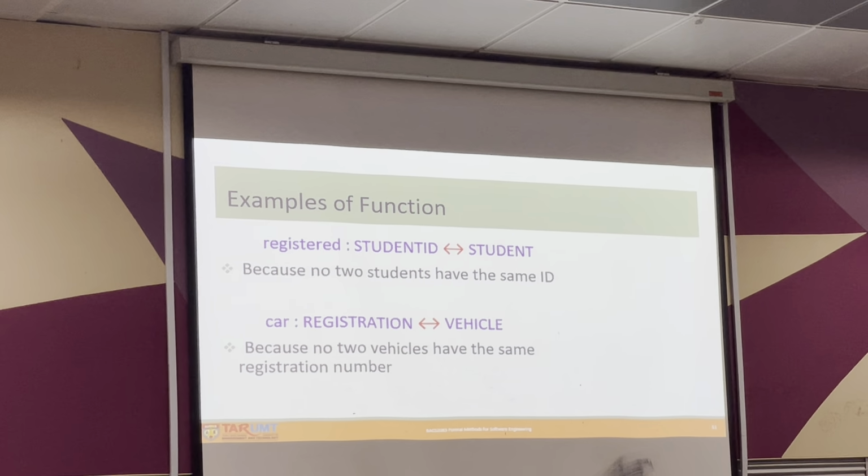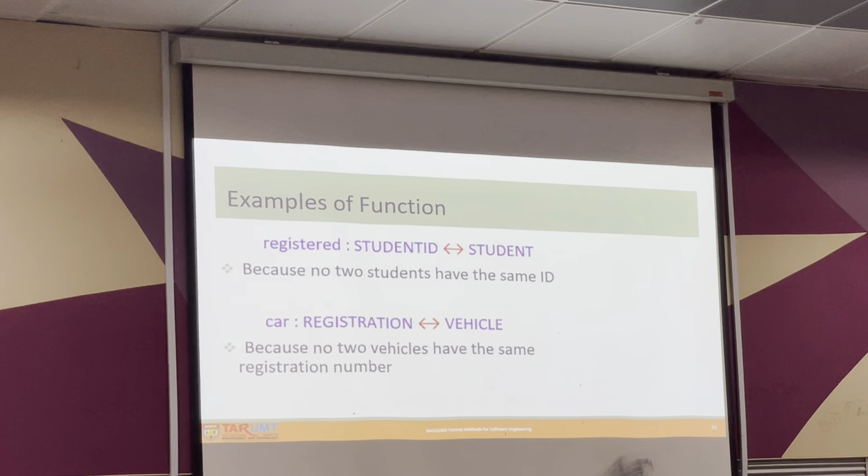If there is no duplication of your domain data, then rather than using a double-sided arrow here, you update it to become what we call a function. So maybe you can use this symbol. Later you will see the symbol for function.